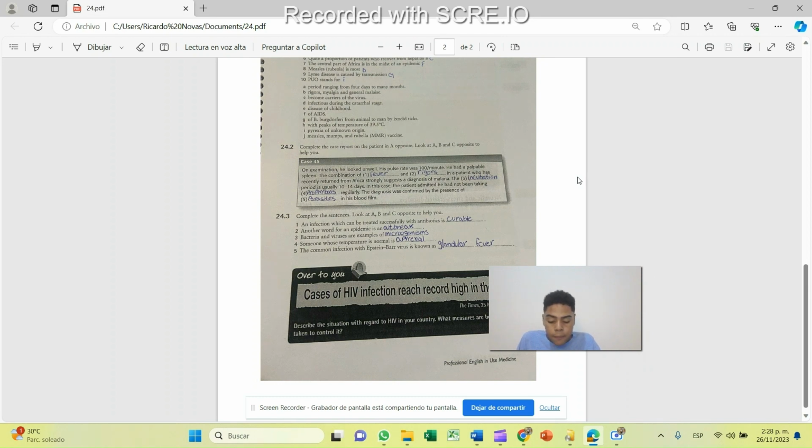Bacteria and viruses are examples of microorganisms. 4. Someone whose temperature is normal is apyrexial. 5. The common infection with Epstein-Barr virus is known as glandular fever.